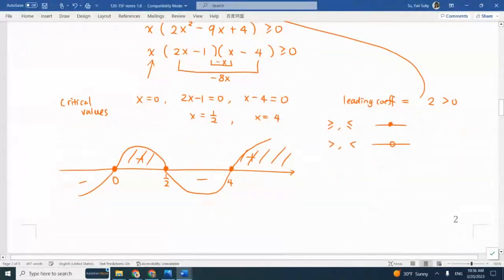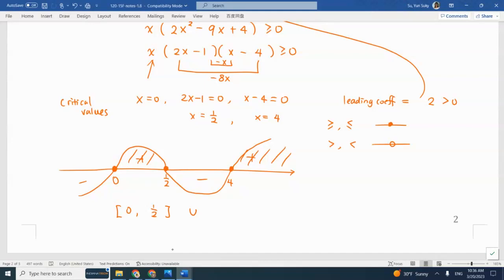Therefore, interval notation. Haley, parentheses or brackets? Brackets. And then 0. And then 1/2, parentheses or brackets? Brackets.